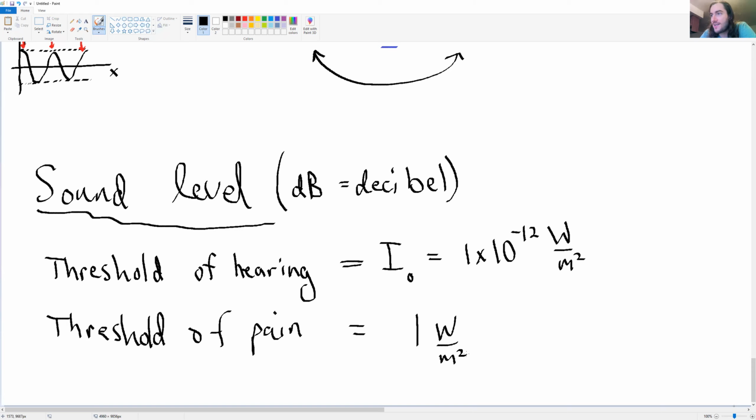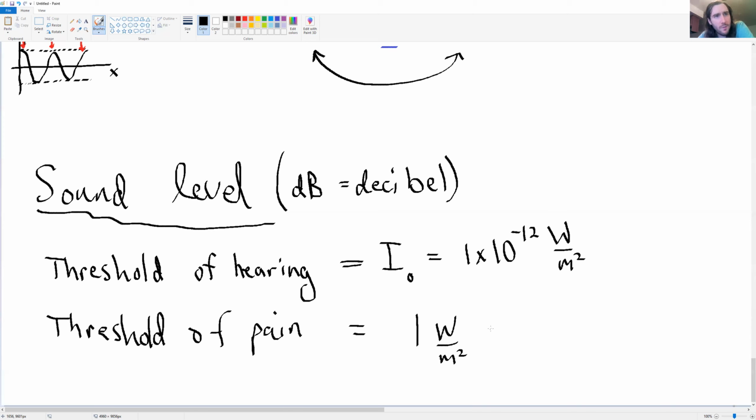If your ear is experiencing an intensity of 1 watt per meter squared, that's quite a lot, simply because the eardrum of your ear is quite small. You could calculate the power being deposited on the size of your eardrum.